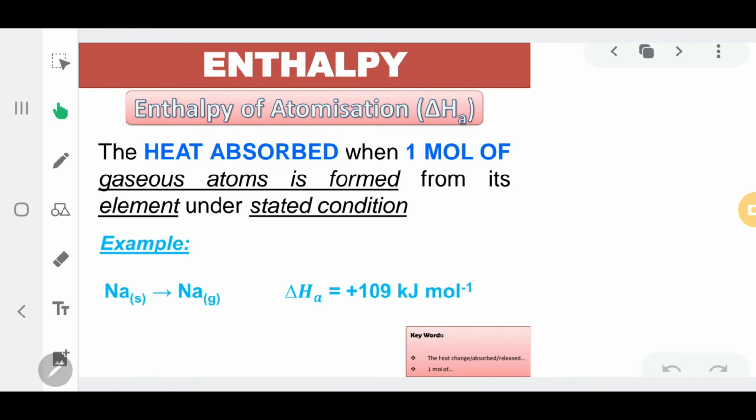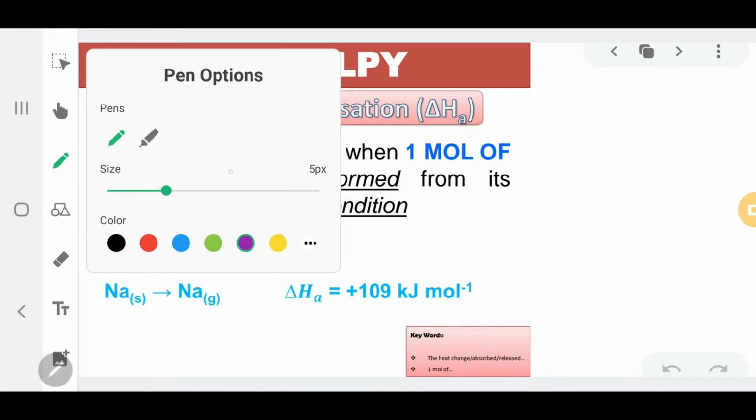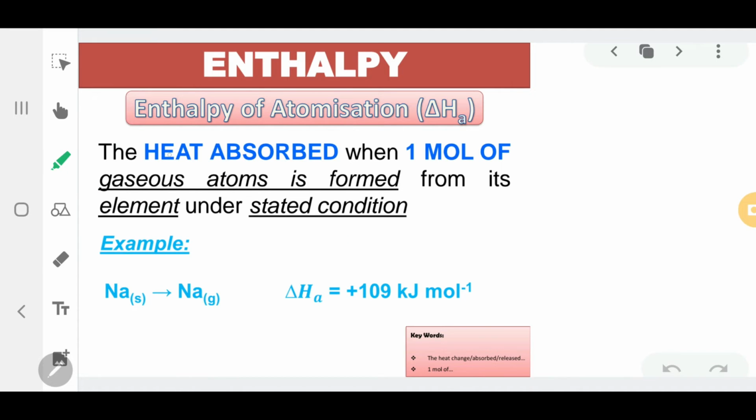Okay. So when you want to atomize something, when you want to turn some molecules, or some huge lump of metal like what we have over here, into atoms, you need to get the system to absorb enough heat so it can break all the bonds inside and you will start to produce the atoms that you want. Therefore, the heat needs to be absorbed. Okay, so the system needs to absorb the heat when 1 mole of gaseous atoms is formed.